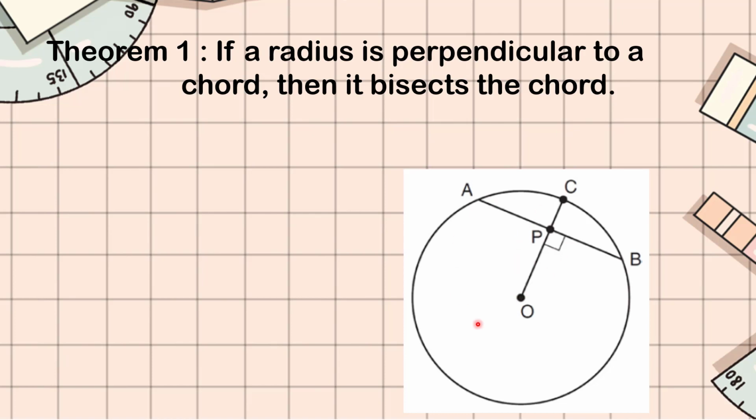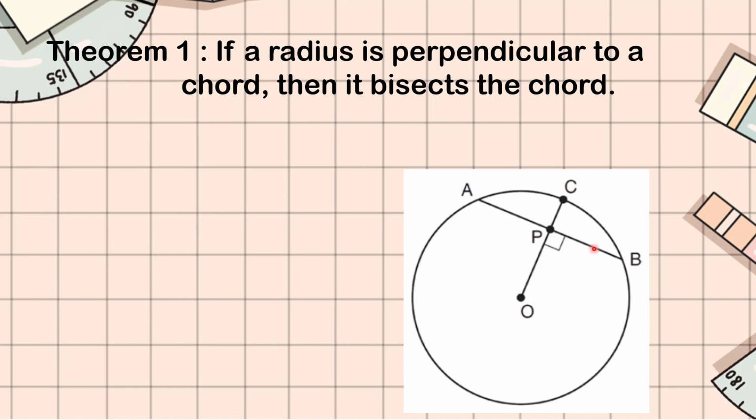In our figure here, our radius is segment CO. And segment AB here is our chord. Notice that segment CO and segment AB form a perpendicular line.